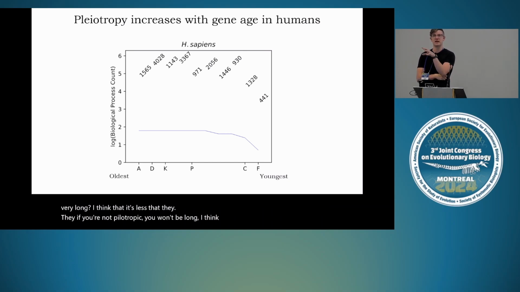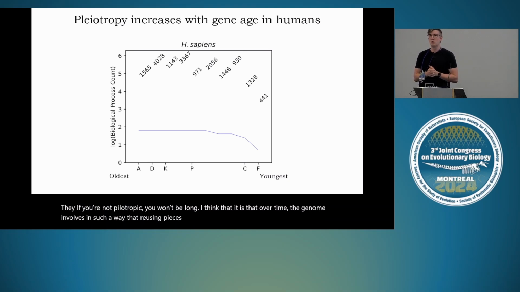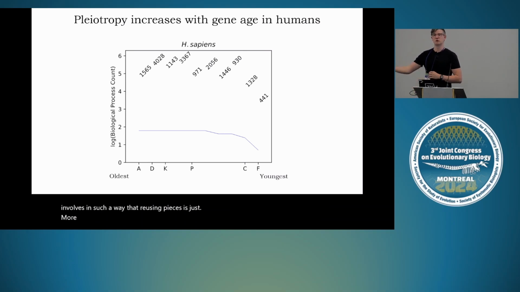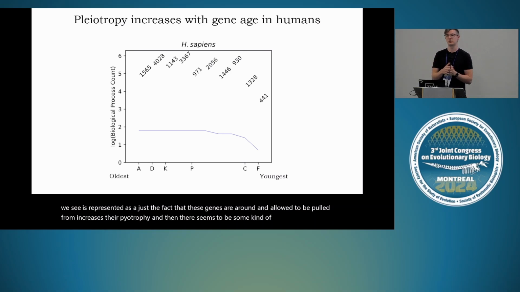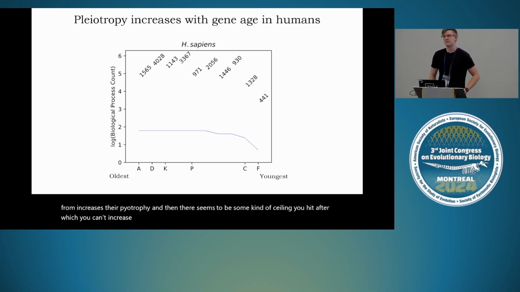I think that over time, the genome evolves in such a way that reusing pieces is just more feasible than novel generation of entirely new function. And so I think that a bit of what we see is represented as just the fact that these genes are around and allowed to be pulled from, increases their pleiotropy, and then there seems to be some kind of ceiling you hit after which you can't increase anymore. And there's a lot of evolutionary theory about how you lose evolutionary flexibility over time with increased functions, so maybe it's something to do with that.